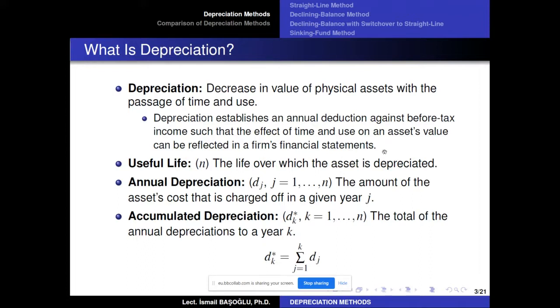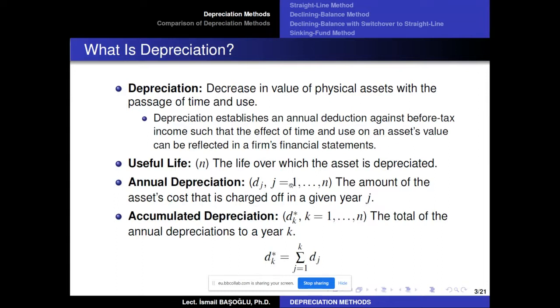Now, if you are going to use the machine you have purchased for 10 years, then its useful life will be 10 years. Over this useful life, the value of the asset will depreciate. Every year, it is going to depreciate by an amount of dj.